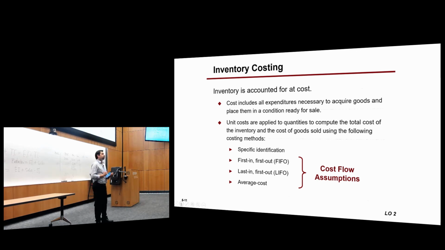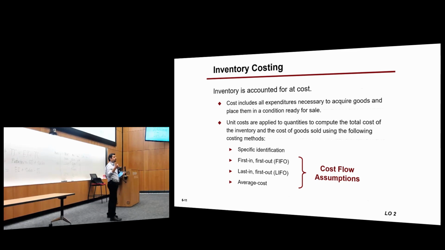In certain cases, when this is not feasible, like if you're selling something cheap, basically a notepad, okay? A notepad. Are you going to actually trace back each item? In certain cases, it's not worth it. So what companies do is they use what we call the cost flow assumption. There are different ways of calculating that.